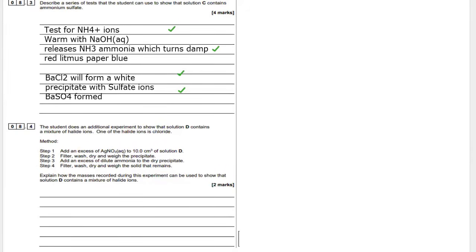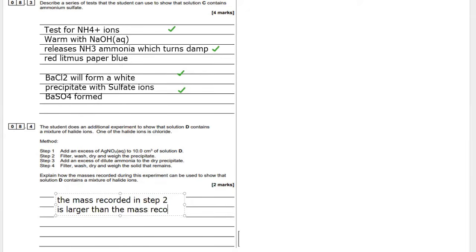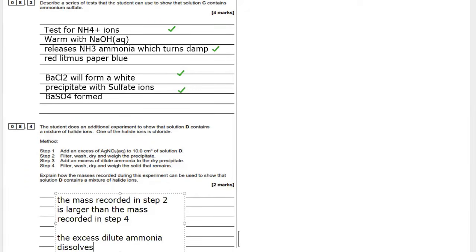The fact is that when you filter and weigh it, we're going to say the mass recorded in step 2, or at first, the first mass recorded is larger than the mass recorded in step 4. So after you've mixed with excess dilute ammonia, the excess dilute ammonia dissolves the silver chloride.